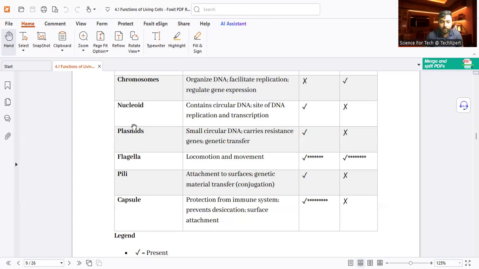This is used for the locomotions. Pili is this hair-like structures which is originated from the surface.